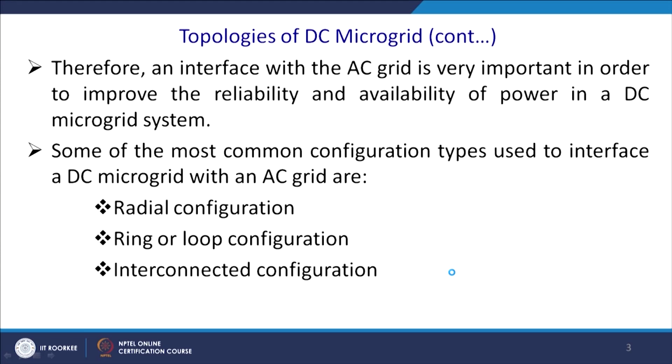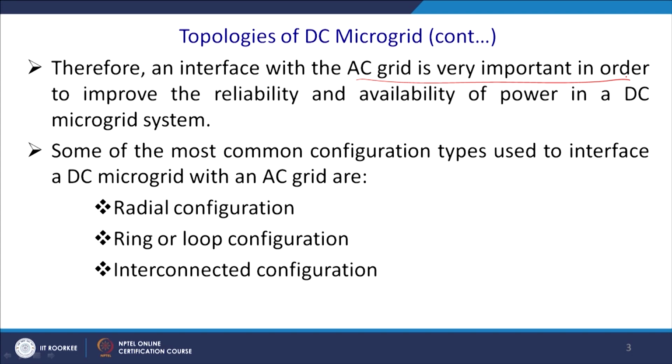And if there is an existing grid, you should be using it, and thus we should try to interact with the DC grid. For this reason, the interface with the AC grid is very important in order to improve the reliability and availability of the power in a DC microgrid system.